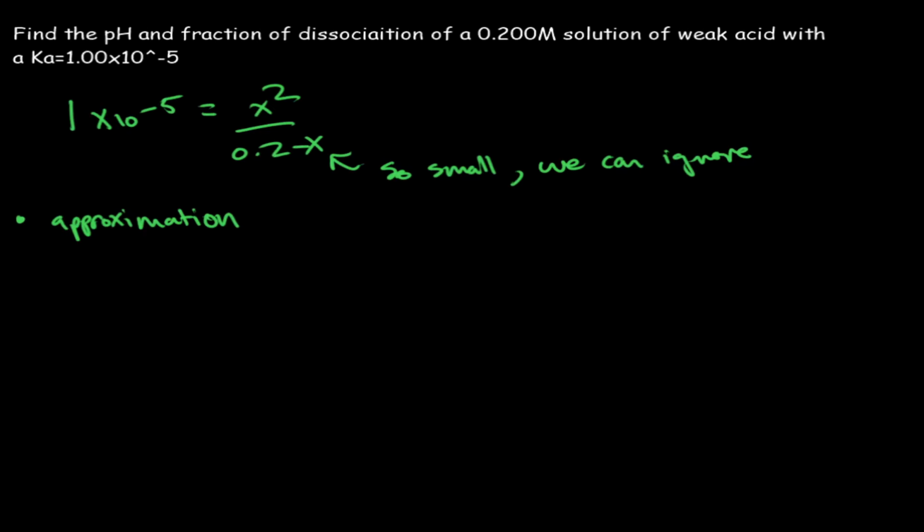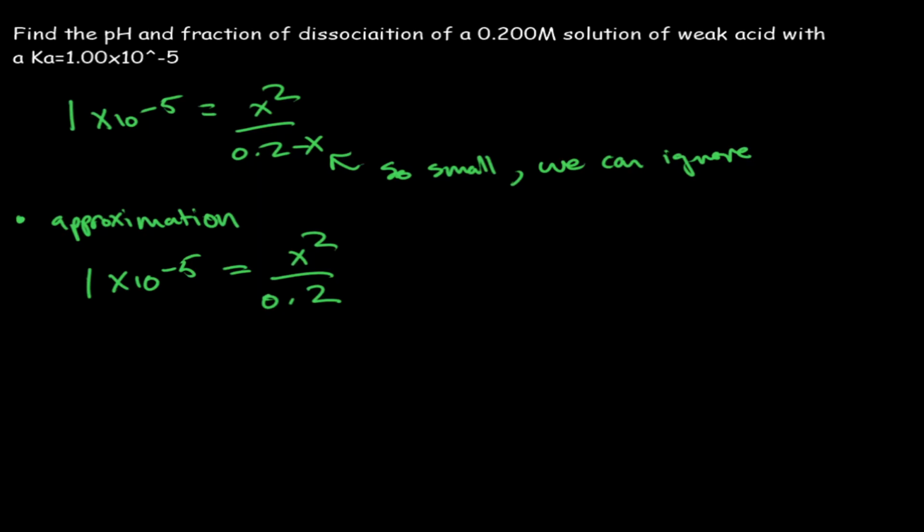So we'll assume that our equation now is 1 times 10 to the negative 5 is equal to X squared over 0.2. And the only way we can assume that X is so small that we can ignore it is if it is less than 1% of the original concentration. And I'll get into that in a few minutes. So first, let's just solve for X using the approximation method.